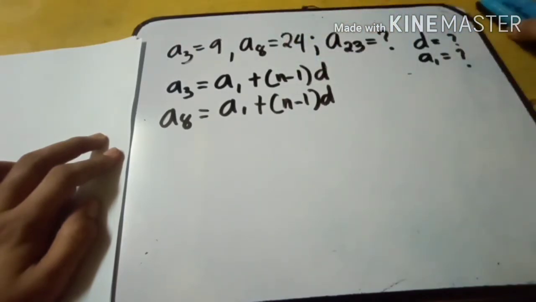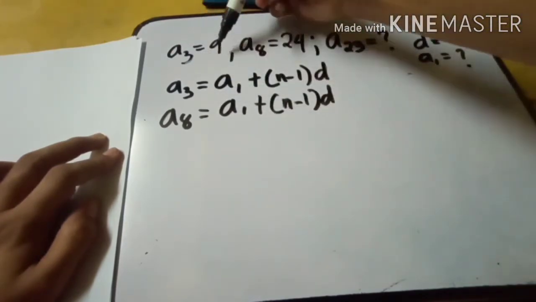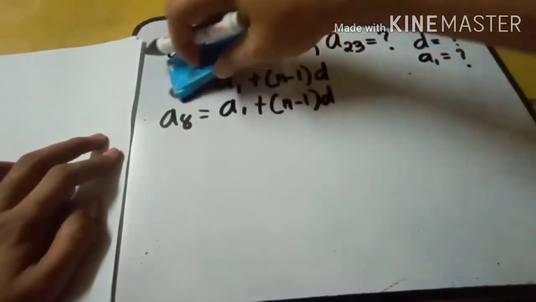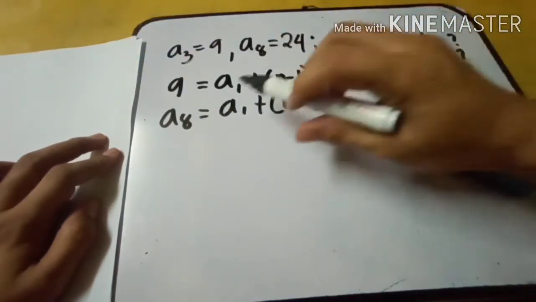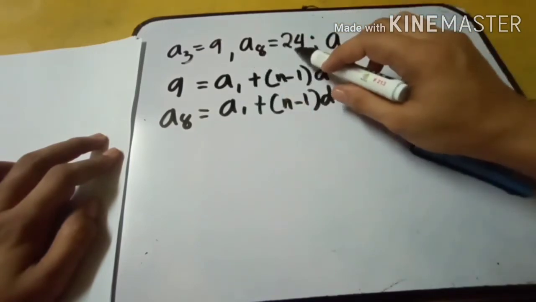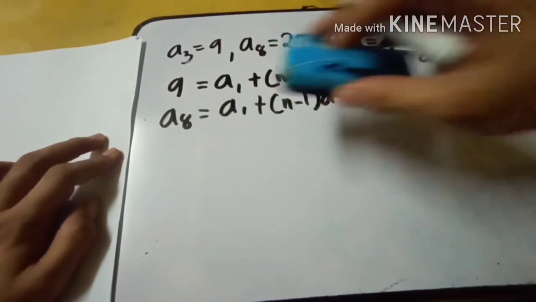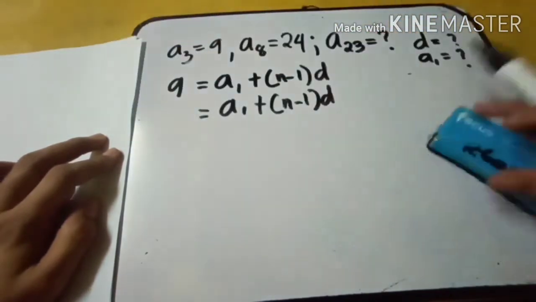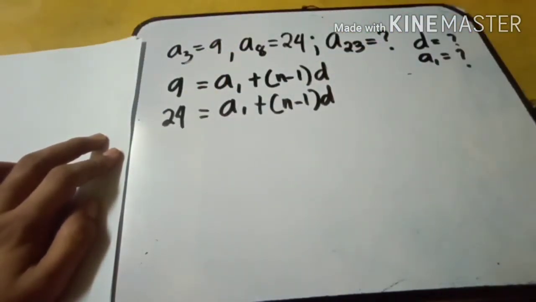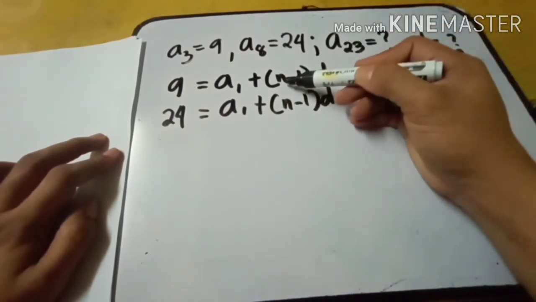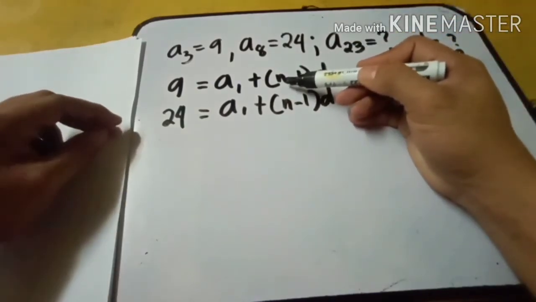So this time we have to substitute first the values of these terms because these terms are given. Our a sub 3 is 9, so we substitute here 9. Then our a sub 8 is 24, am I right? So we substitute 24 for the a sub 8. Then our problem is the n. Remember that the n is the number of terms.